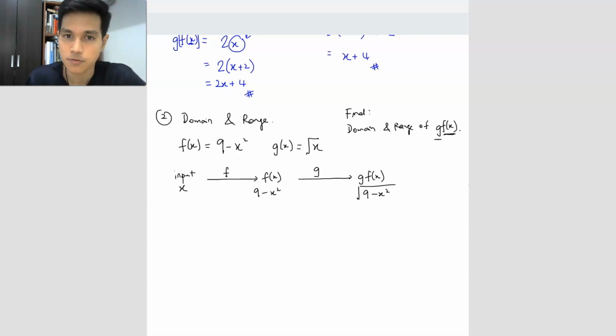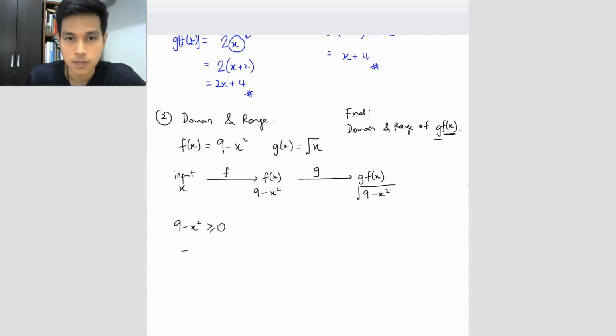Remember I told you in the previous video, I can't remember if it was a function or inverse function, I think it's a function, I showed you how to find the domain, right? We know that when there is a square root, the inside must always be more than or equal to 0, correct? It cannot be a negative number. If it's less than 0, you get a negative value, then it's a math error, because square root cannot have a negative value. So from here we can find the domain. We know that 9 minus x square must be more than or equal to 0.